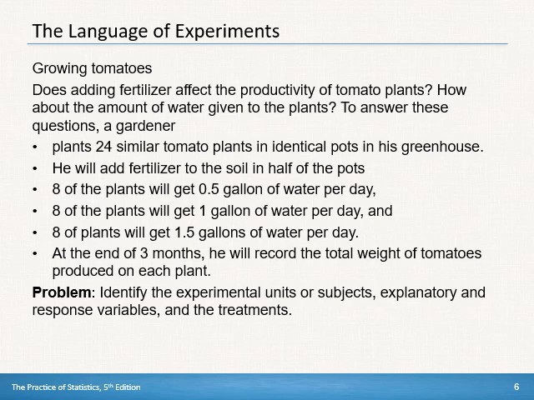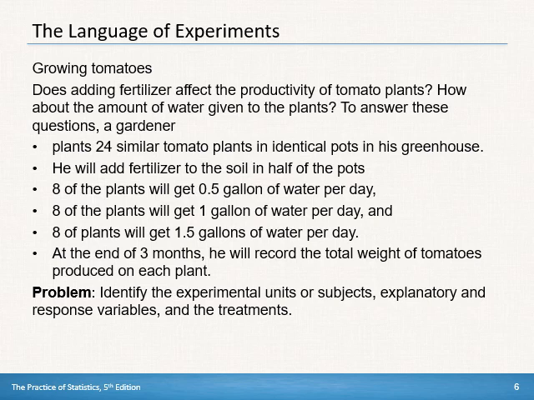So a gardener takes 24 similar tomato plants and plants them in identical pots in his greenhouse. So they all are getting the same atmospheric conditions. To half of the pots, he adds fertilizer to the soil. The other half get no fertilizer. And then 8 of the plants get half a gallon of water per day.